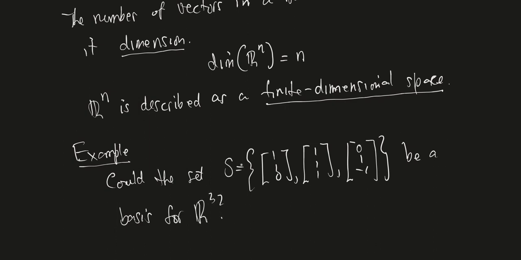We have 3 vectors, so at least we have the right number. We don't have too many or too few. But the question is, can every vector in R3 be represented uniquely as a linear combination of these 3 vectors?